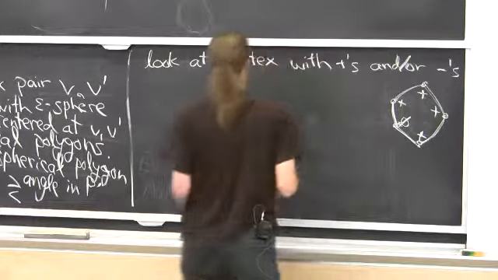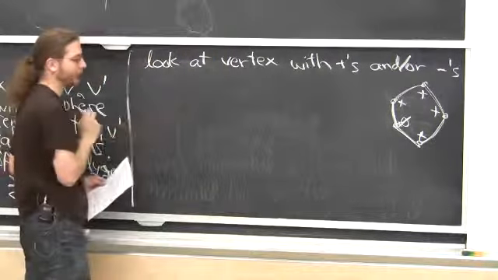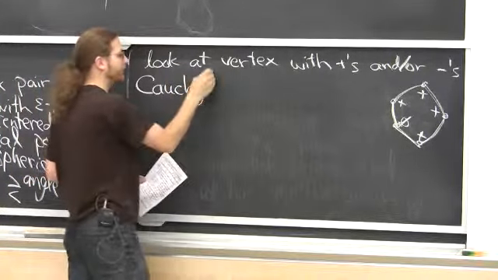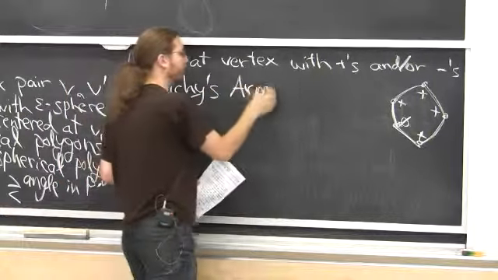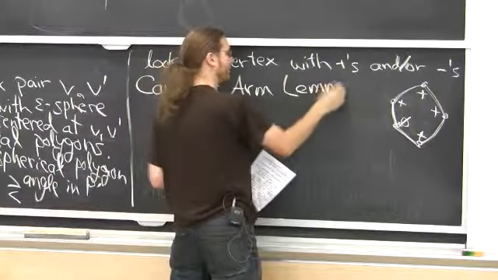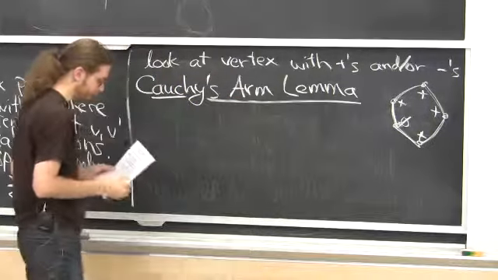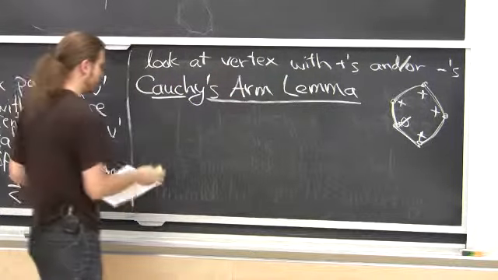Ain't possible. Why is it not possible? I think we've used this fact a couple lectures ago. It's not possible by something called the Cauchy arm lemma. This is the part that Cauchy got wrong, so it's also called the Cauchy-Steinitz arm lemma. And here's the thing.